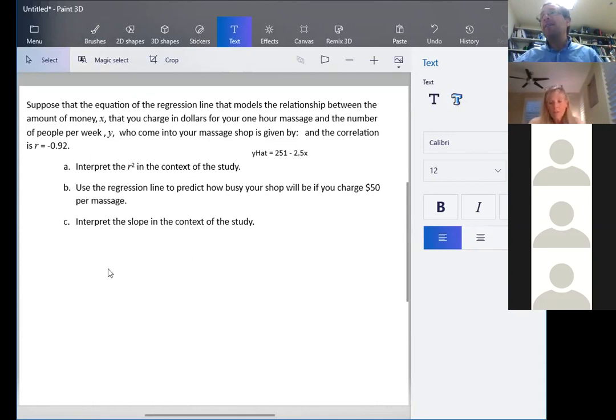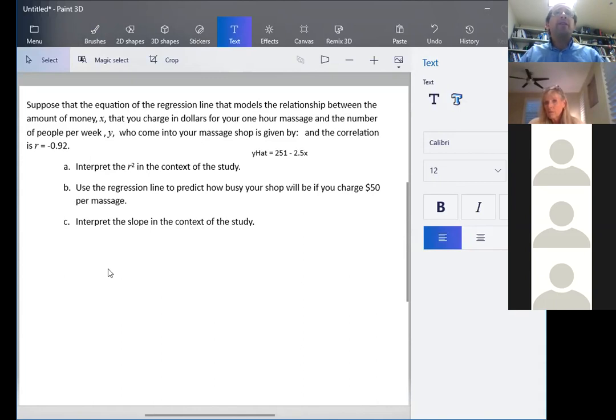So I'm going to say it because I don't want to spend a whole lot of time because we did one like this. And that says that for every extra dollar that you charge in your massage shop, on average, the number of customers who come in tends to go down by 0.85. Okay? Does that make sense?